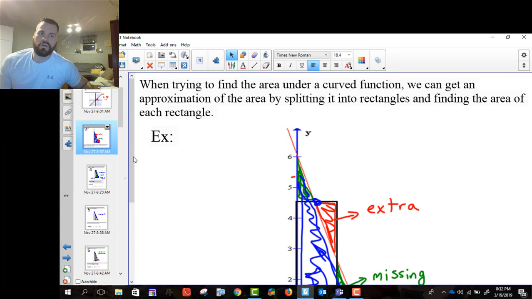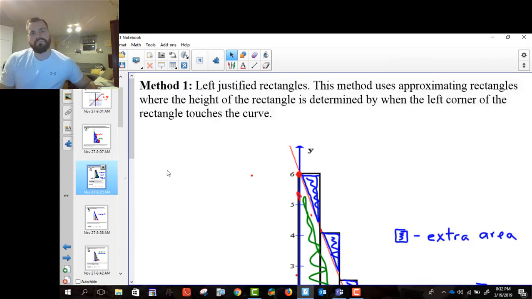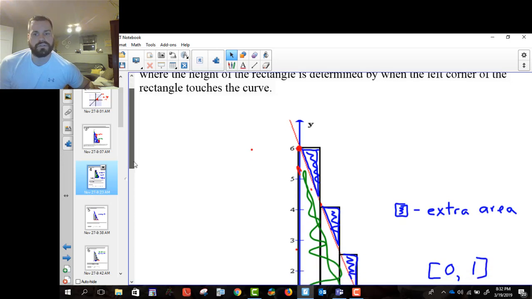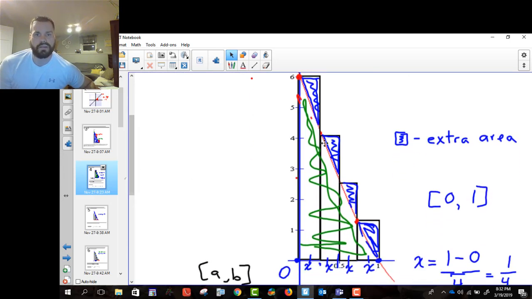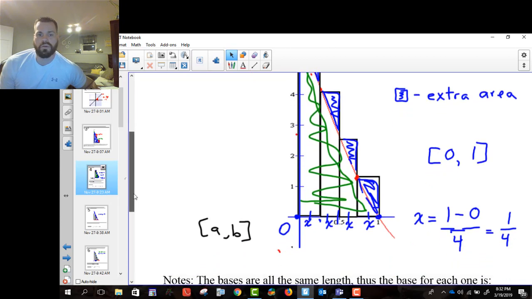If we're using left justified rectangles, first of all, then in this particular instance, we're saying that we want the interval to go from 0 to 1, and I've put 4 rectangles in there. And in each case, we want the base to be the same value. So we take the interval, which is from 0 to 1, and we divide it by the number of rectangles, and we end up with 1/4.